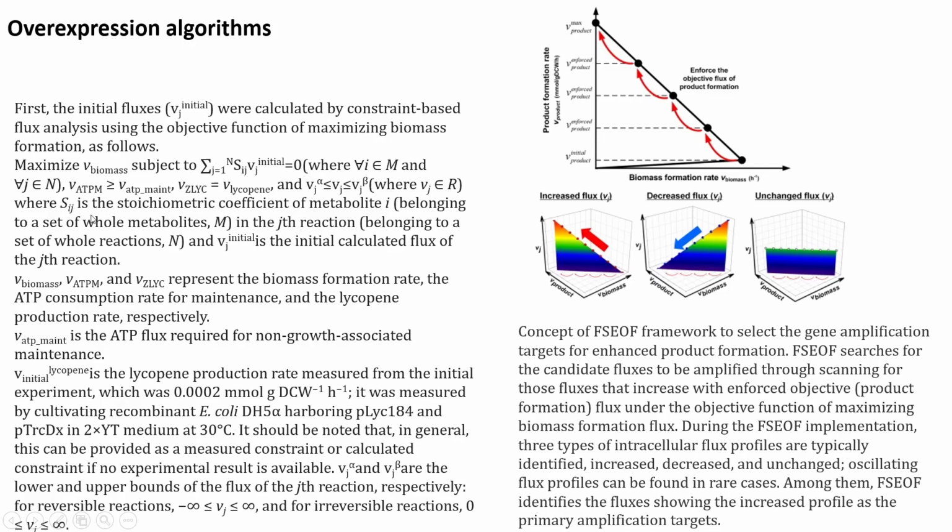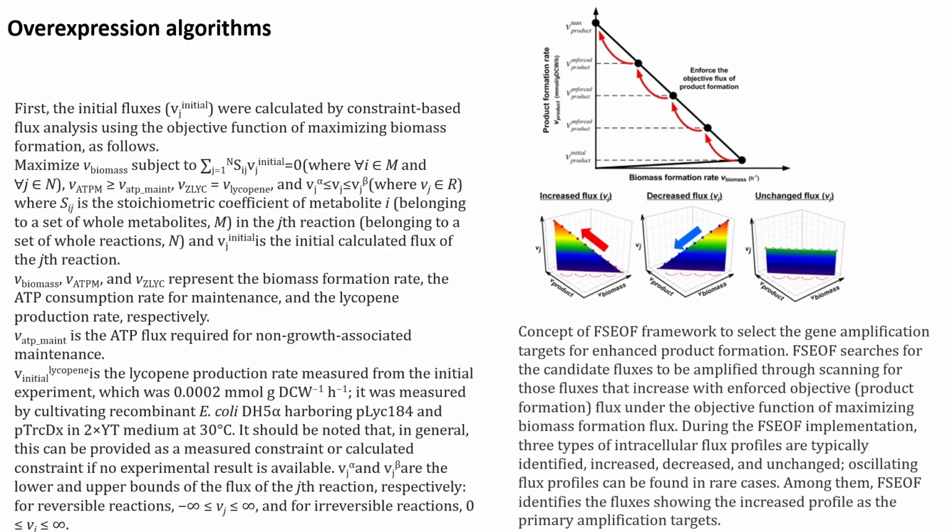Your S_ij is the stoichiometric coefficient for the metabolite i in the jth reaction, so it's basically how the structure of your stoichiometric matrix looks.